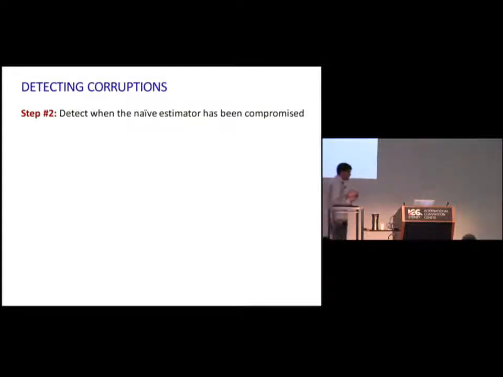That was one of the main conceptual messages of robust statistics: when the empirical mean and empirical variance don't work because they're too sensitive, there are other things you can do, like the median and median absolute deviation. Actually, what we're going to do is something even more naive. We know that the empirical mean just doesn't work in the presence of corruptions, but we're going to try to do it anyways. So that's our trick.